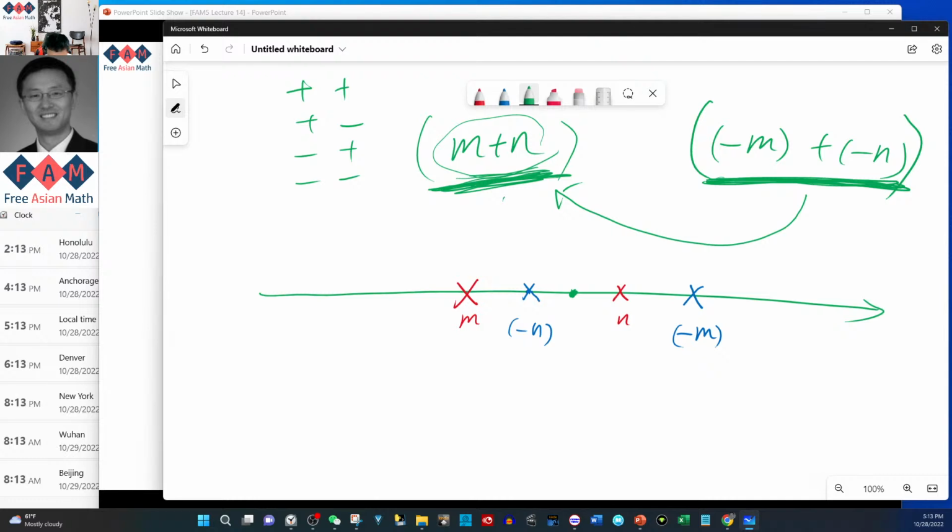So therefore, equals to, okay. Of course, this is just an intuitive argument. It helps us to understand how we can write a proof.